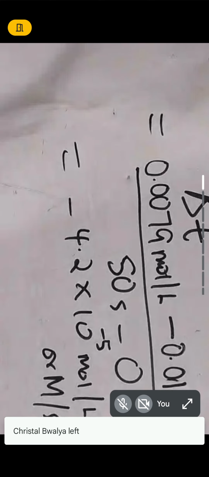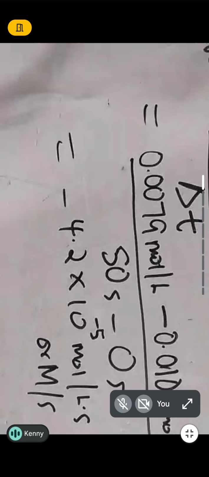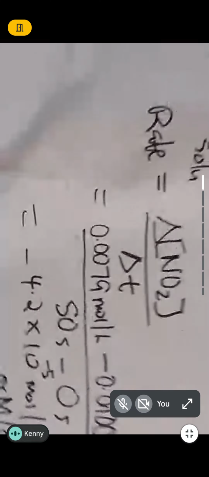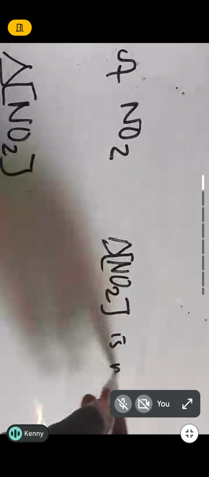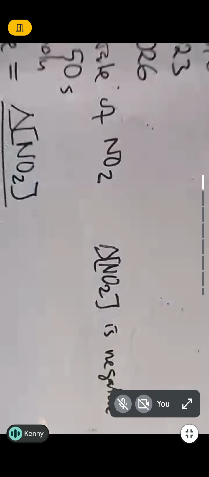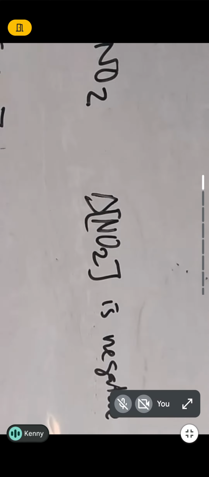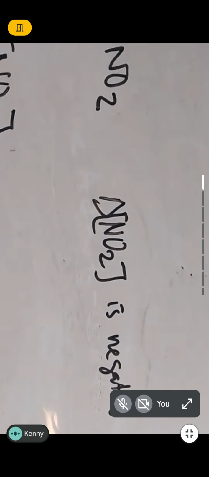Note that since the concentration of NO2 decreases with time, delta NO2 is a negative quantity.